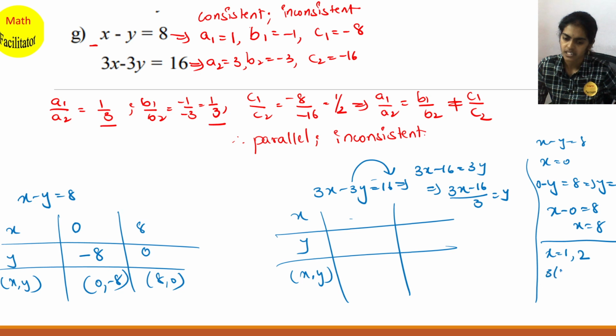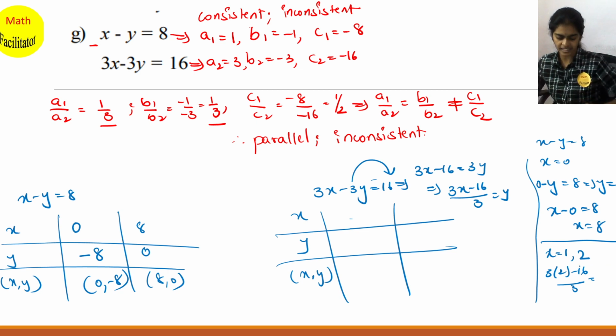3 2s are 9. 9 minus 16 by 3, so you will get 9 minus 16 by 3, which is minus 7 upon 3, right?